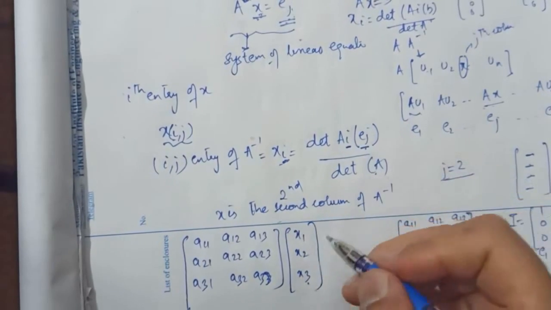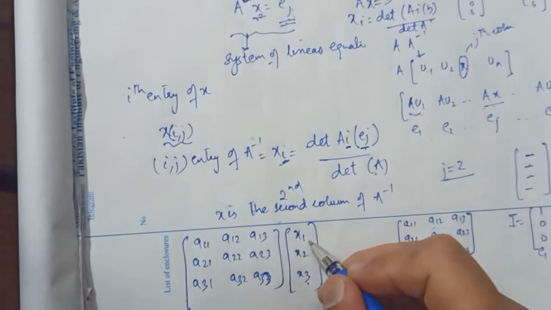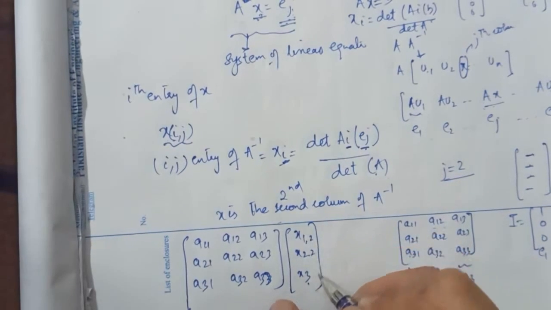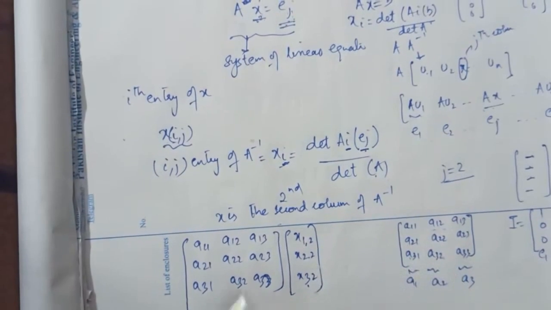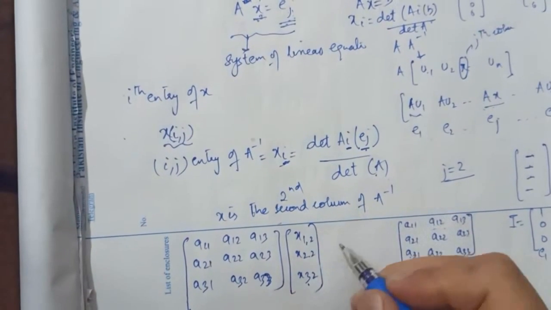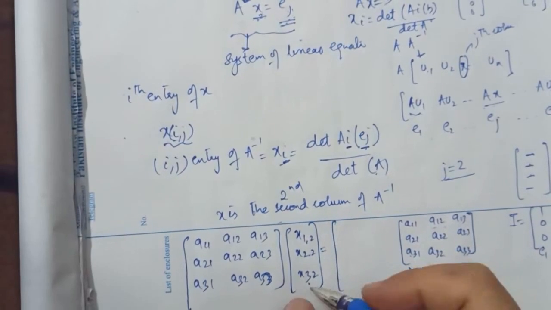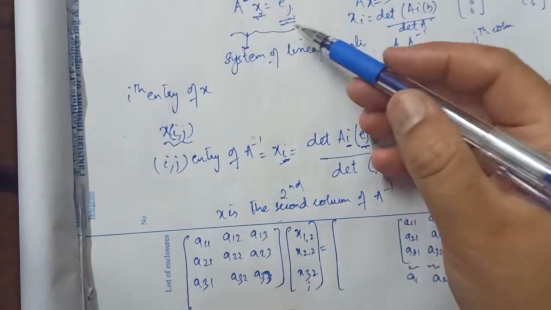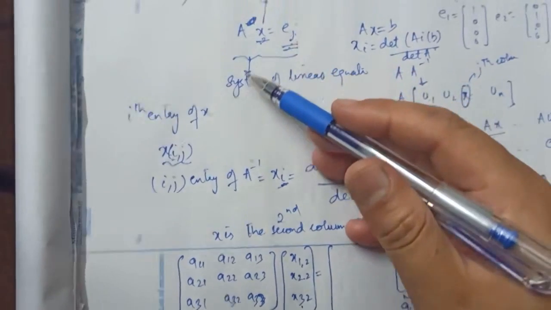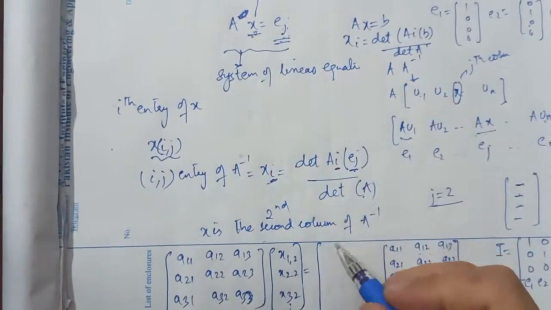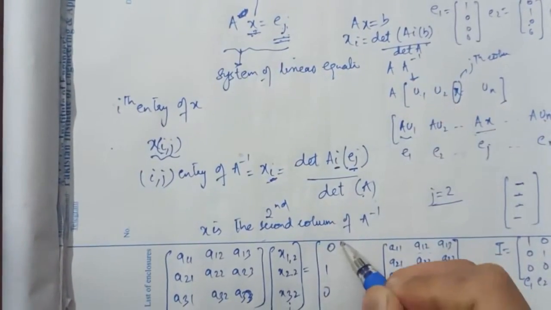To be precise, I can write this as x12, x22, x32. Now this should equal the second column of the identity matrix, which is nothing but 0 1 and 0.